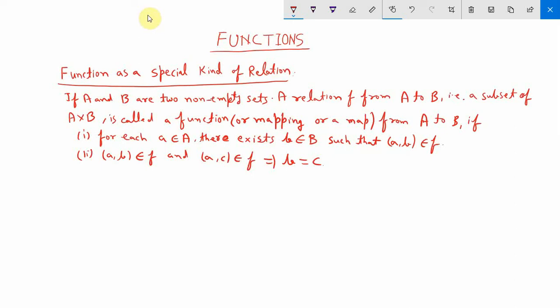So a non-void subset F is a function from A to B if each element of A appears in some ordered pair in F and no two ordered pairs in F have the same first element. From 1 and 2, we can conclude that each element of A must have some image in set B, and for the same element of set A, there cannot be two different elements in set B.